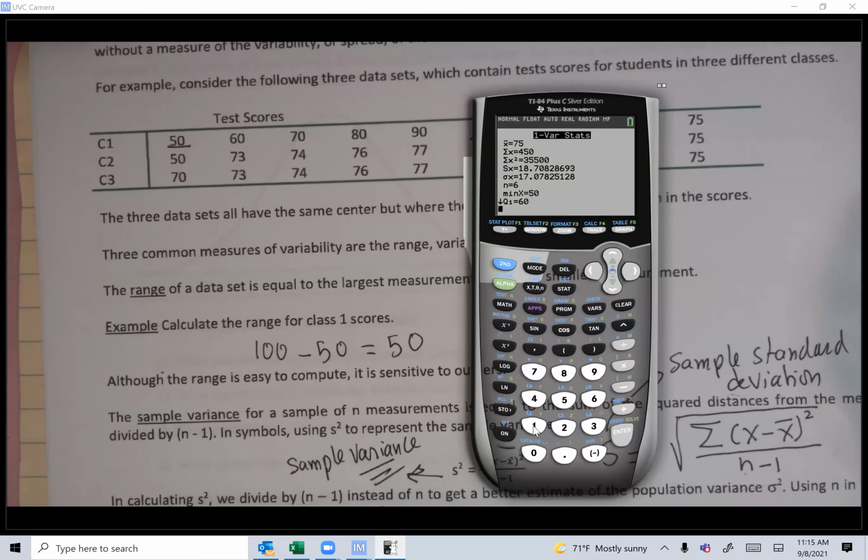I could do it here: 18.7 times 18.7. I'm trying to go very slowly, guys, because I want you to grasp the material well. And that's the variance, 349.69.